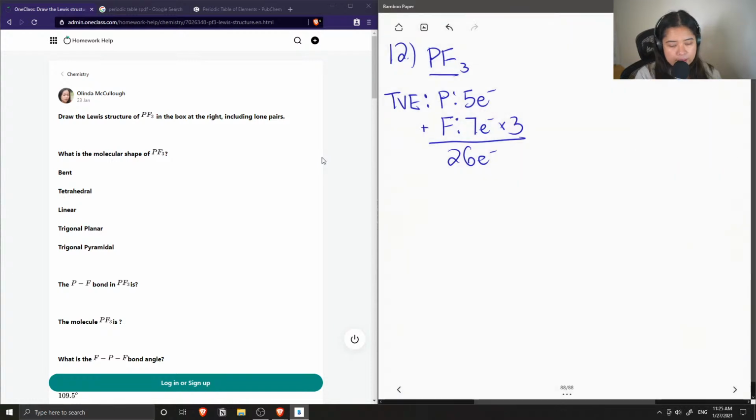So now I'm just going to draw my skeletal structure with phosphorus as my central atom, and then just the 3 single bonds to fluorine. And then I'm also going to add in the lone pairs on my fluorine atoms as well.